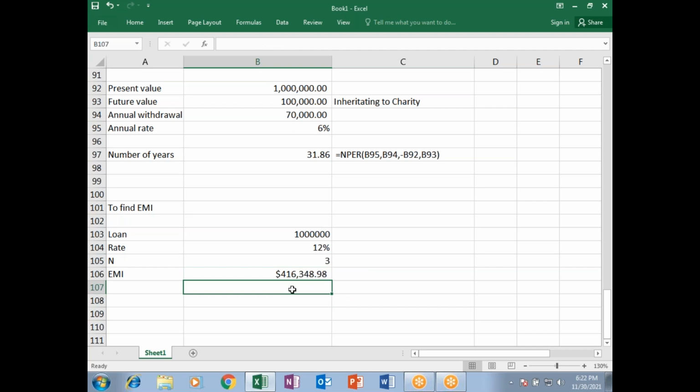I'll tell you at the end. You solve the questions. Not immediately. After a week, you can send it in the group itself. Some more questions I'll give together, and in the WhatsApp group only you can send.